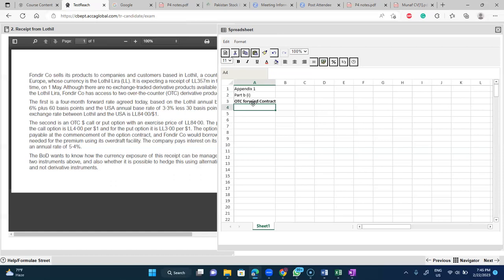Okay, now first of all, we will calculate the forward rate using interest rate parity. Spot rate is Lothal lira over dollar, that is 84.